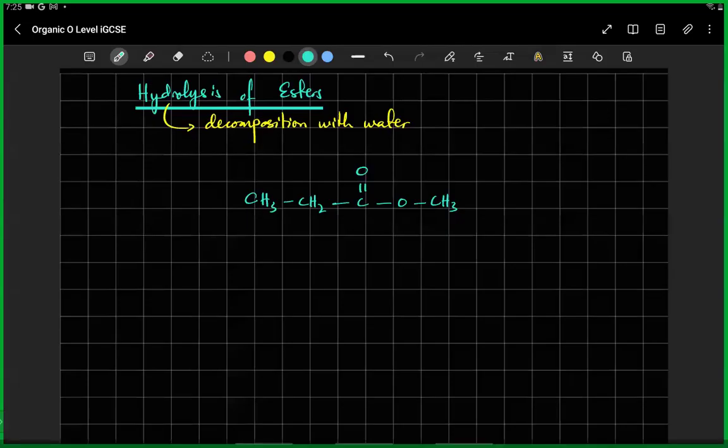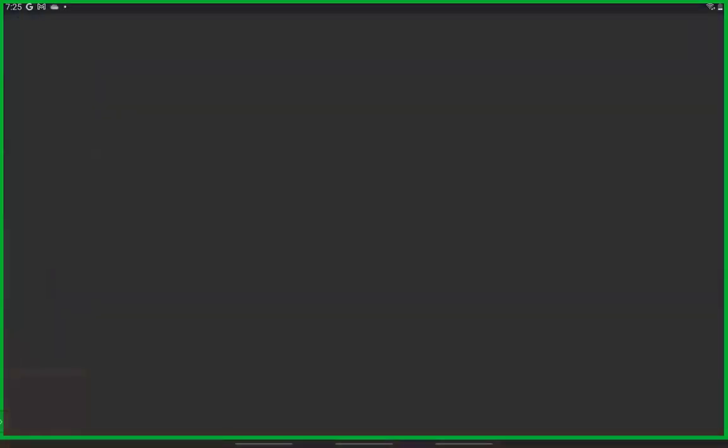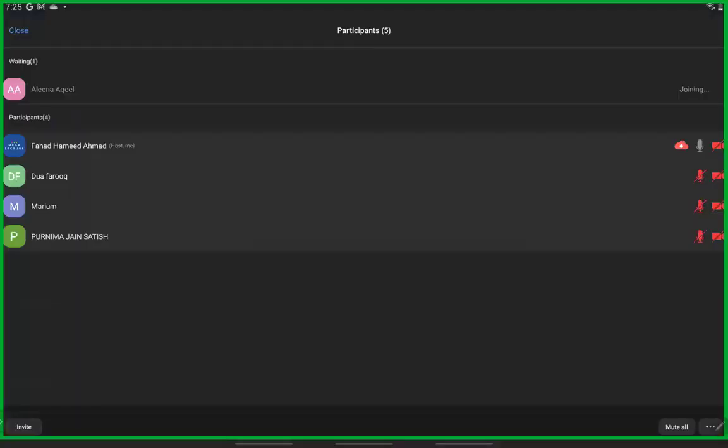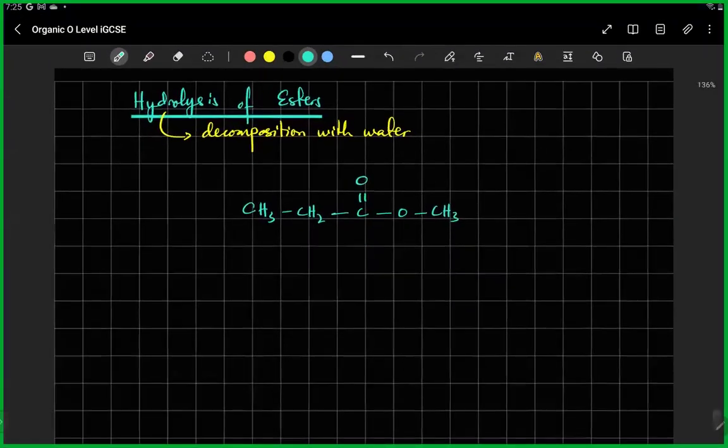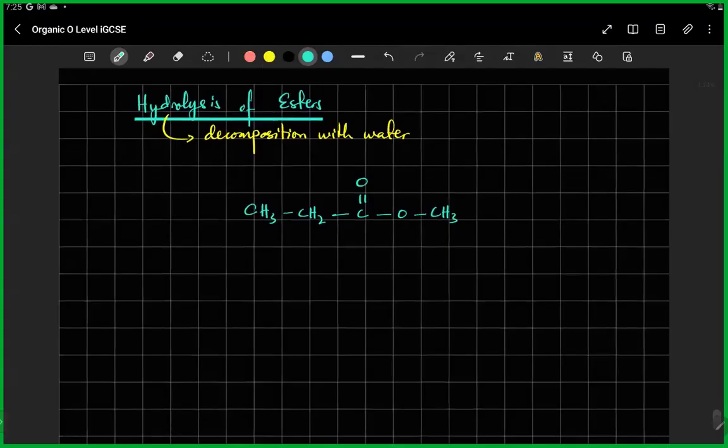You can name it in two parts. This is your meth. One carbon atom is called meth. And what is this side? That's prop. Three carbon atoms. So the single O side, that's yl, and this is going to be called oate.